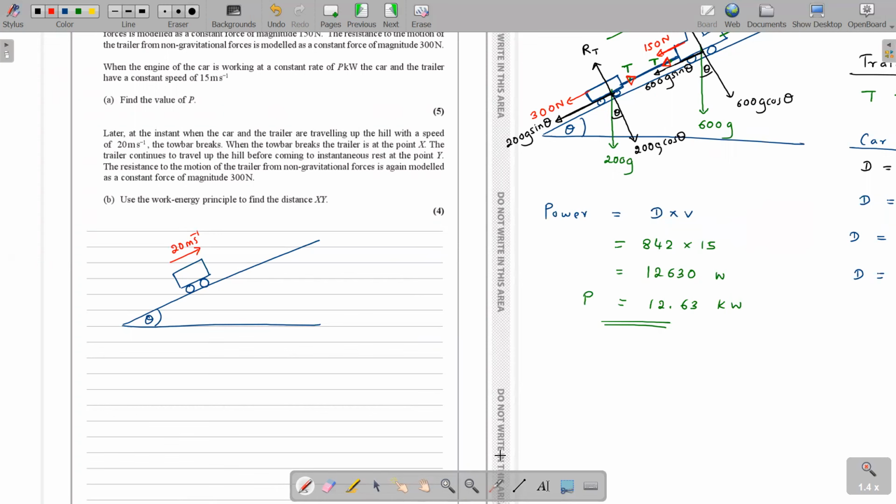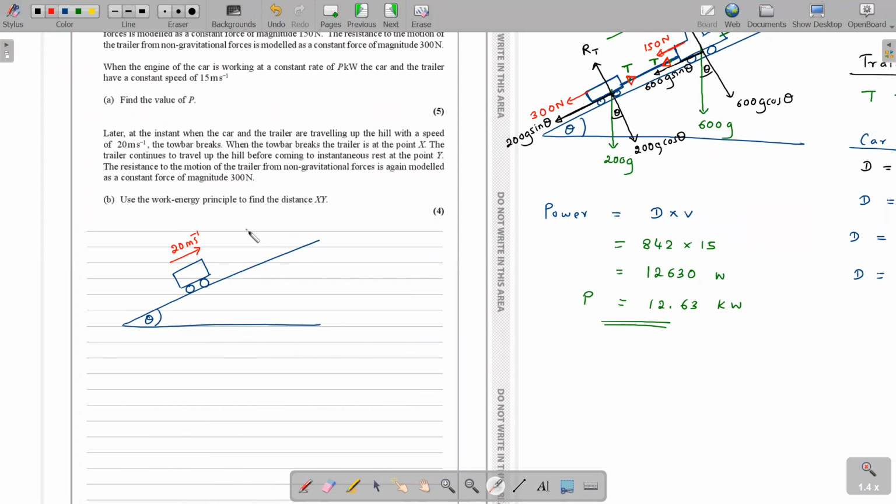So what happens? When the string breaks, the trailer has already achieved a certain velocity. Because of that velocity, the trailer will continue to move up. However, does it now accelerate or does it maintain the same speed? No, it will decelerate because there's no one pulling it forward.